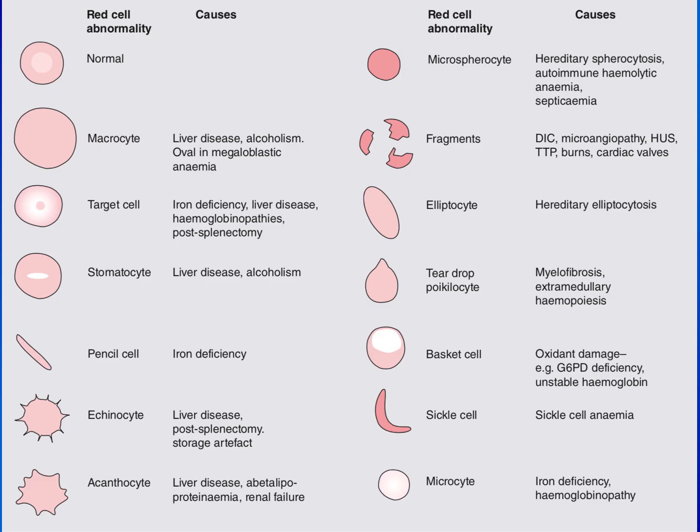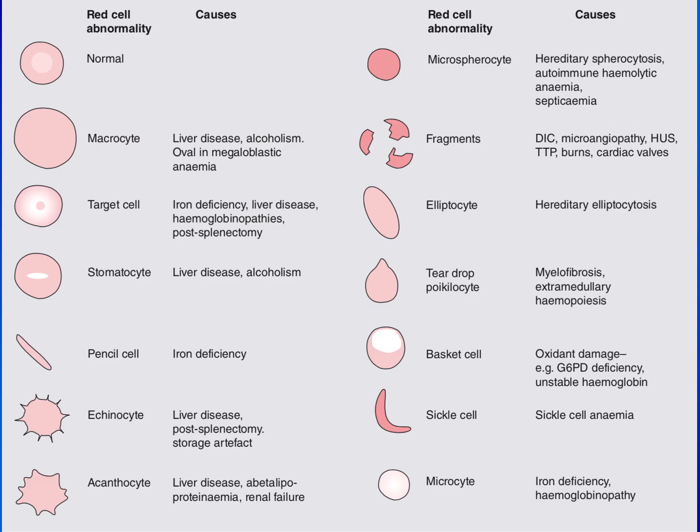megaloblastic anemias. And as you can see, I'm not going to go through all the types, but probably you should look at different types because you will hear about them later on. For example, the microcytes on the right lower side, it's a microcytic cell that's small, doesn't contain much hemoglobin, and we call it microcytic hypochromic.